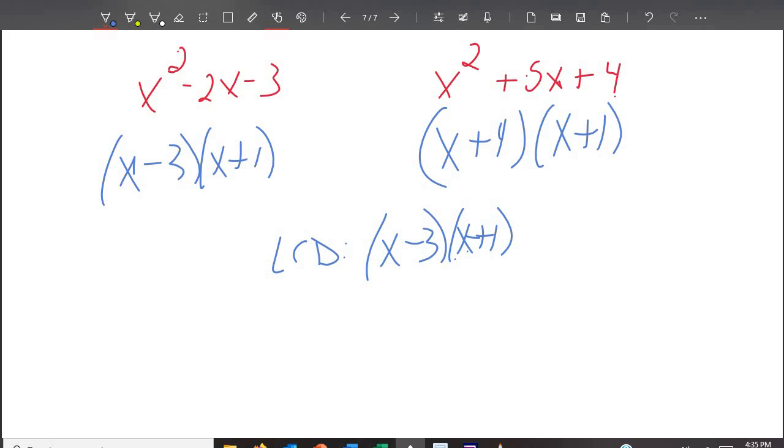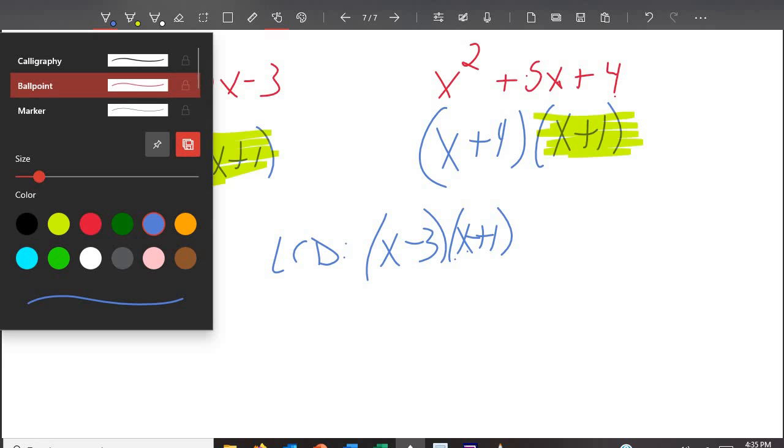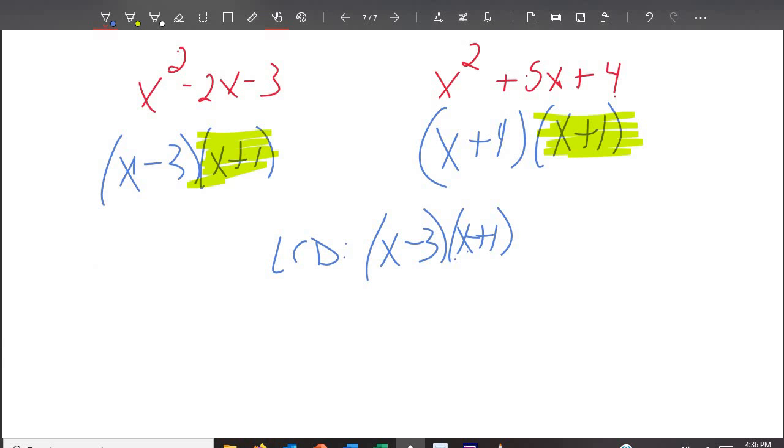Then it will include anything they're not sharing. So I'm going to highlight the shared piece. Since they're not sharing the x plus 4, we have to include the x plus 4.